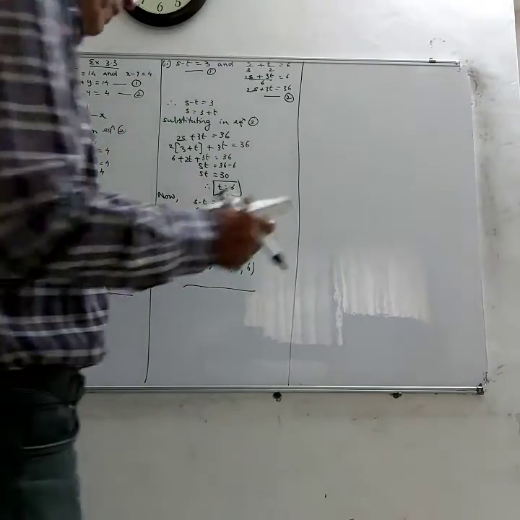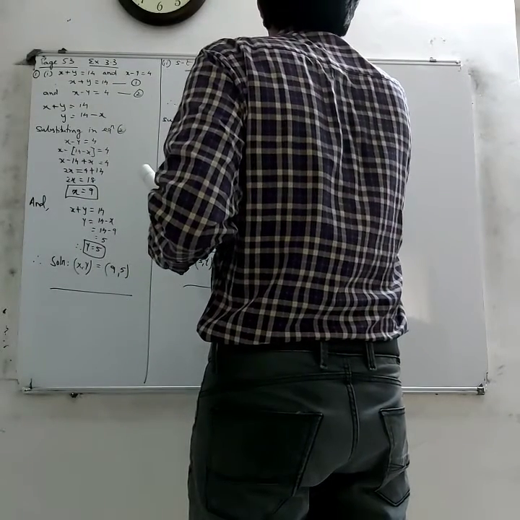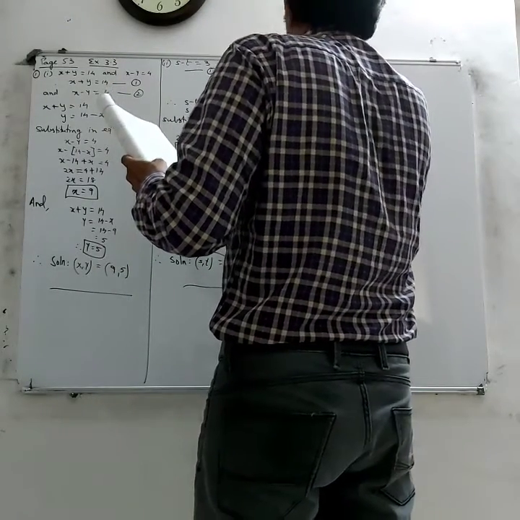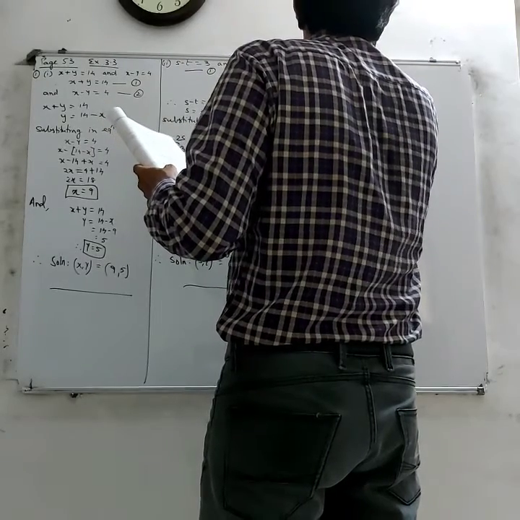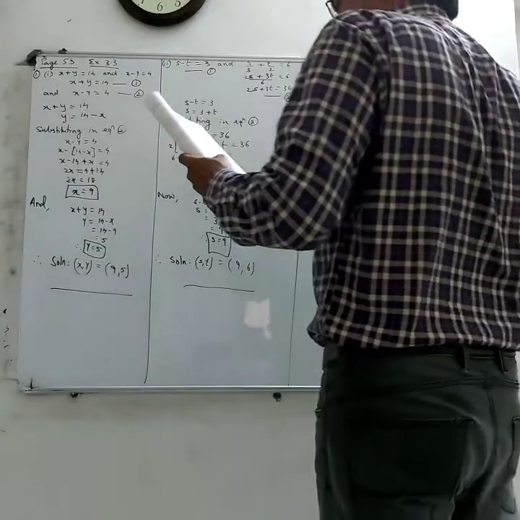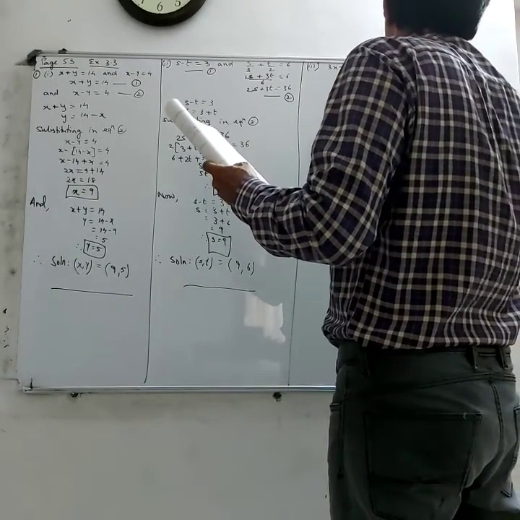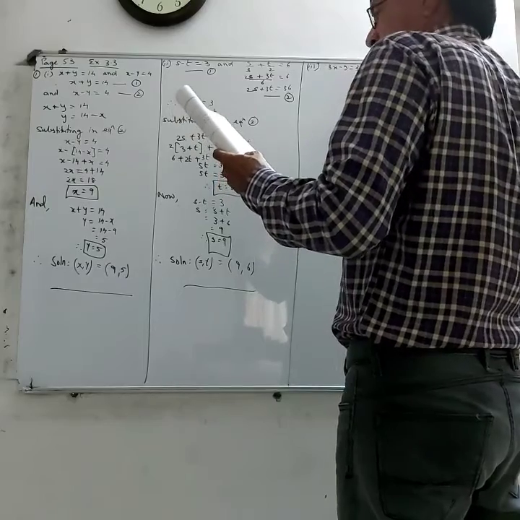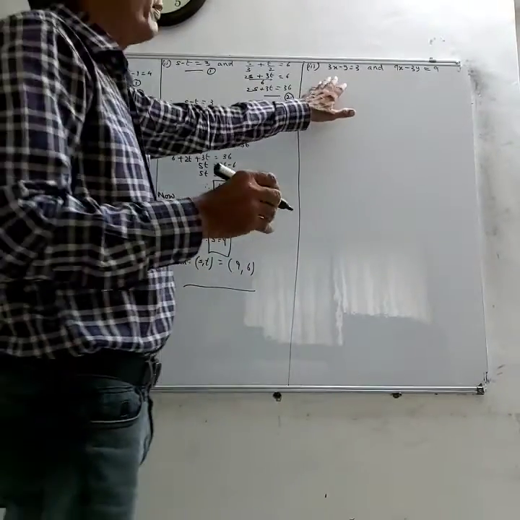You can see the third one. Third one: 3x minus y is equal to 3, and 9x minus 3y is equal to 9. Alright, now again let's take the first equation.